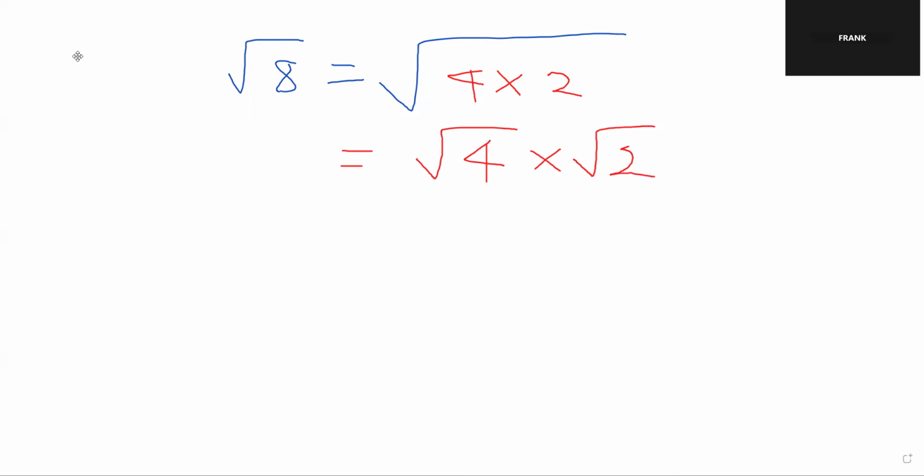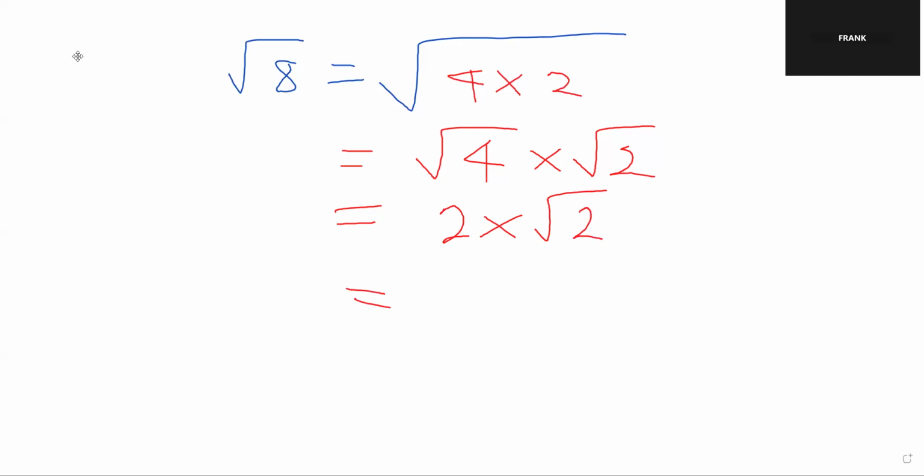Now root 4 is not a surd, because 4 is a perfect square. So root 4, we can get a whole number from it. What number times itself produces 4? That is 2. So root 4 becomes 2. So now you're going to have 2 times root 2.